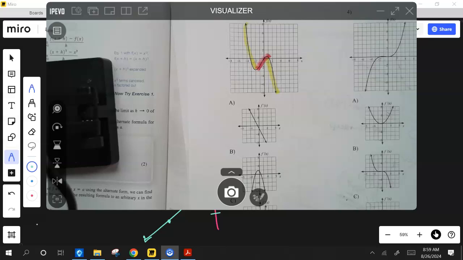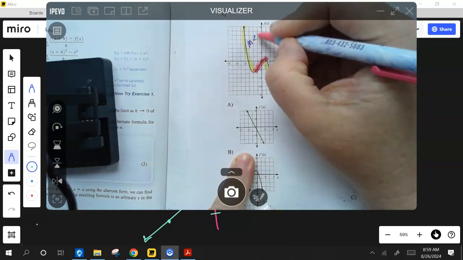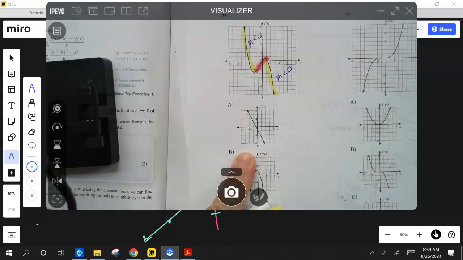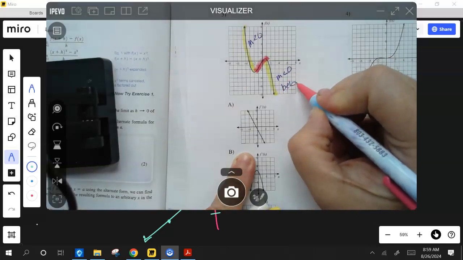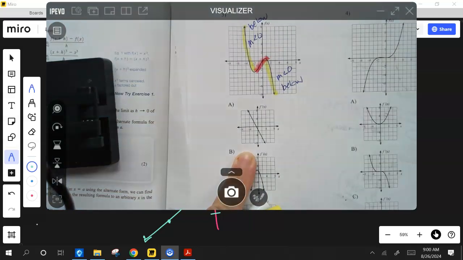All right. So look what's happening. Oh, I got too many choices now. So my slope is negative. That means, in terms of my derivative graph, I'm below and below, right?